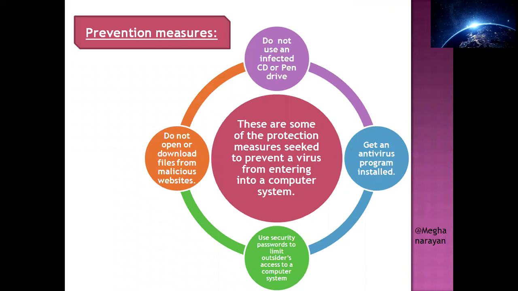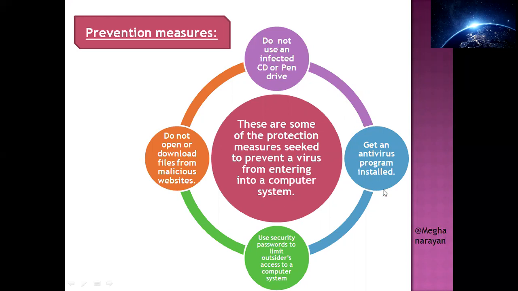Prevention measures means the various preventions you can take via which a virus will not enter your computer. So the first prevention you can learn here is do not use an infected CD or pen drive. If any infected CD or pen drive is there, you are supposed to not use it in your computer system.